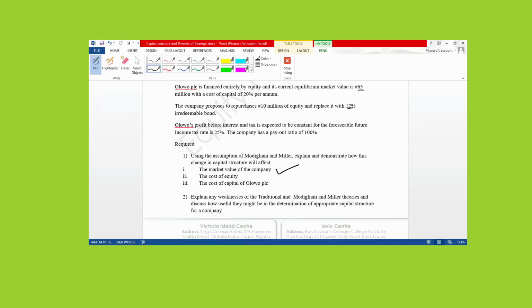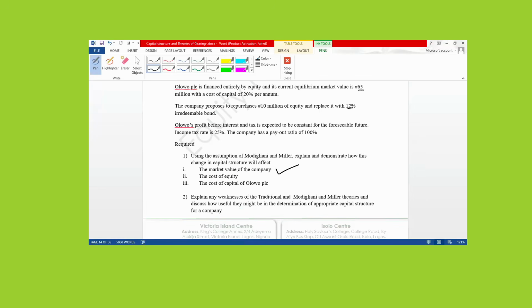Based on my own understanding of the traditional theory, I believe the theory states that a company can increase its market value and reduce its cost of capital when it has a moderate debt in its capital structure.